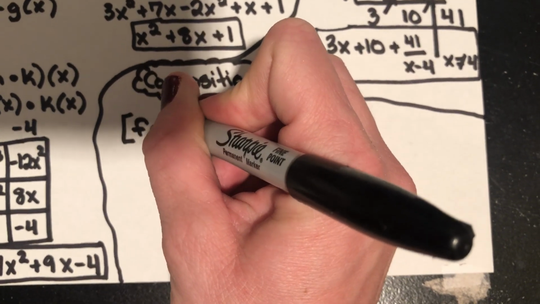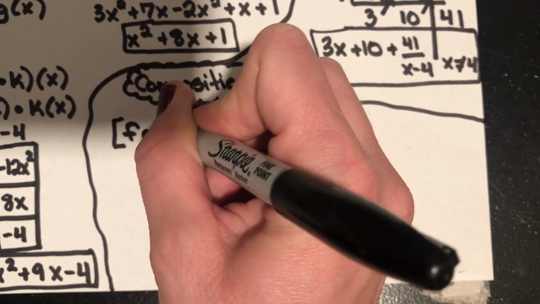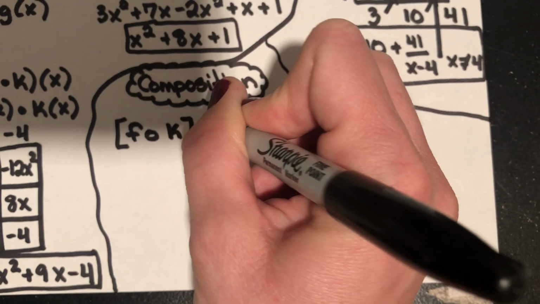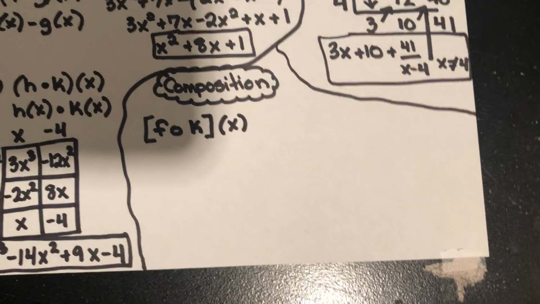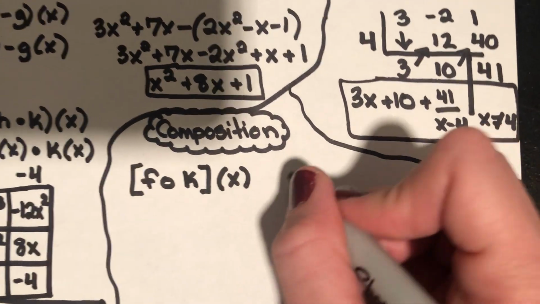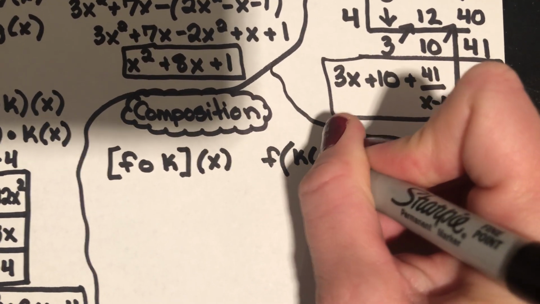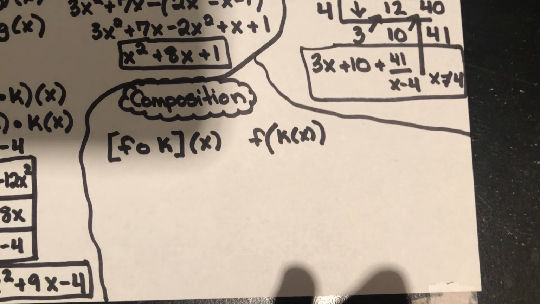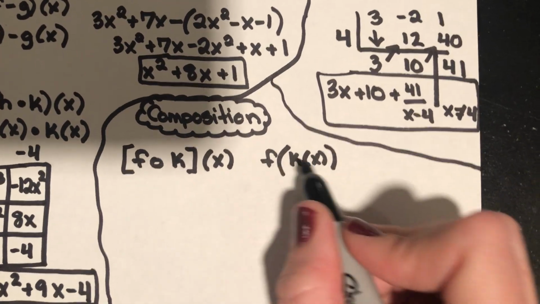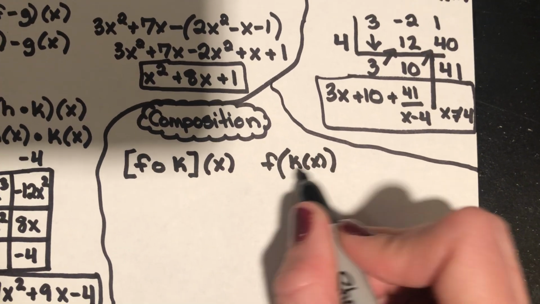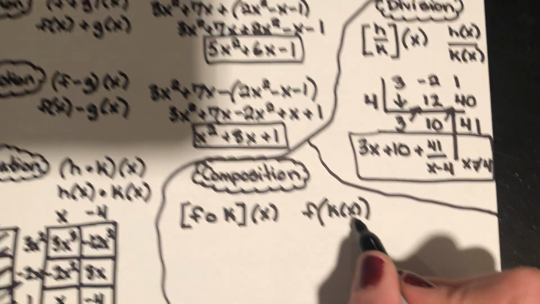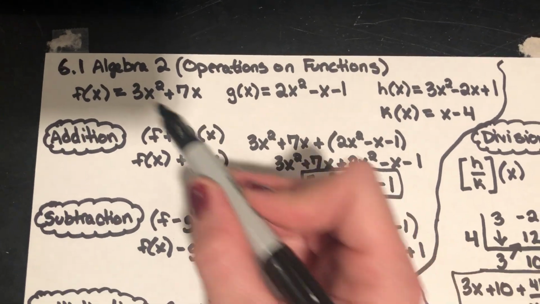All right. F of k of x. That means f of k of x. So just as you would if this was f of 3, you would substitute in 3 for every time you saw an x in f of x.